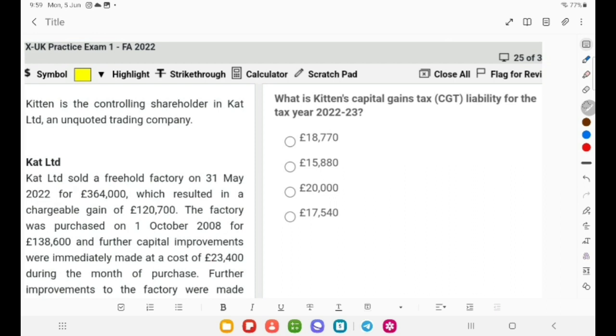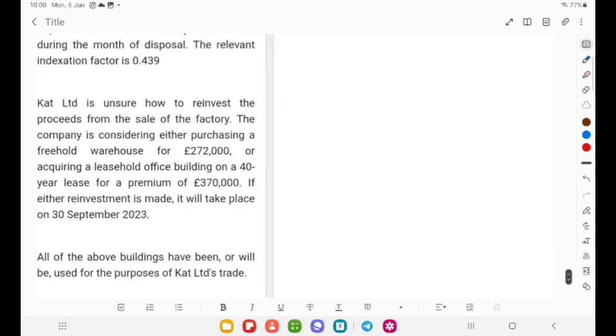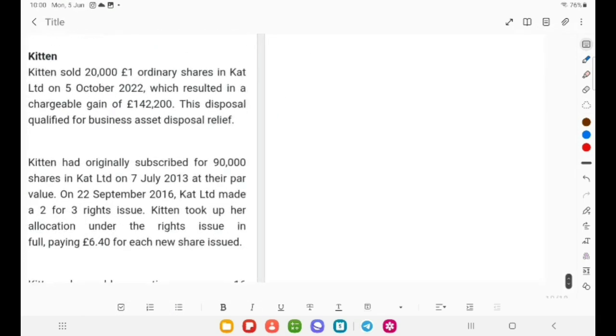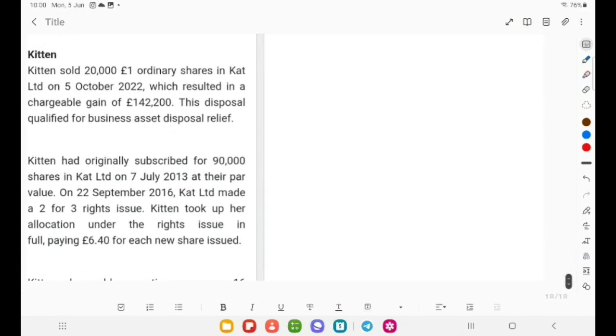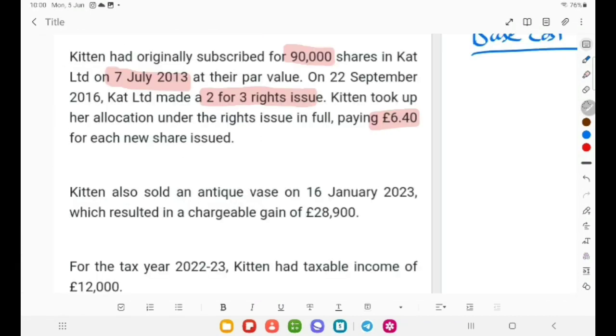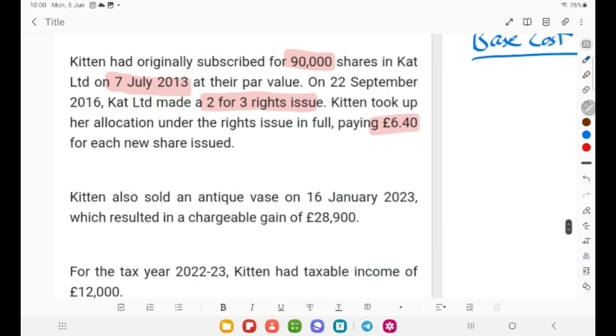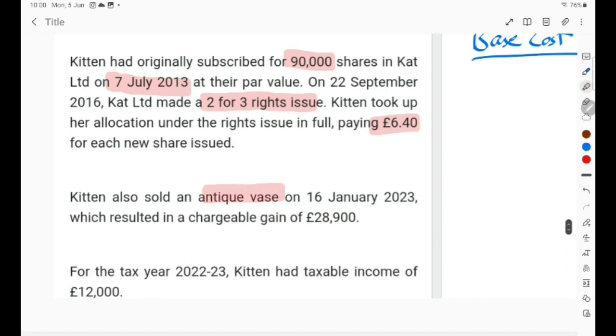So the last part of the second question: what is Kitten's capital gains tax liability for the tax year 22-23? Kitten has sold 2 assets, first shares and second the antique. She has sold an antique vase, and on this vase she has a chargeable gain of 28,900.